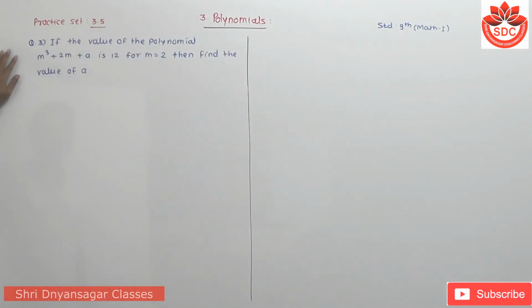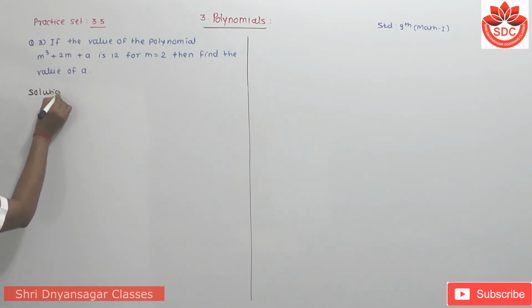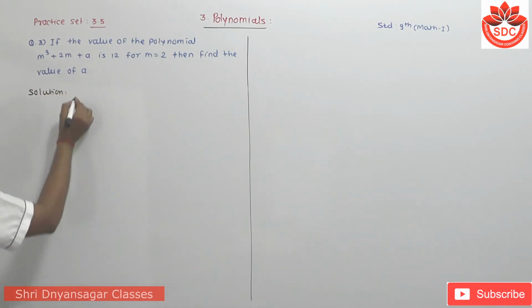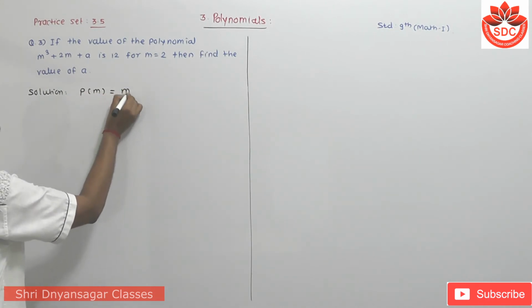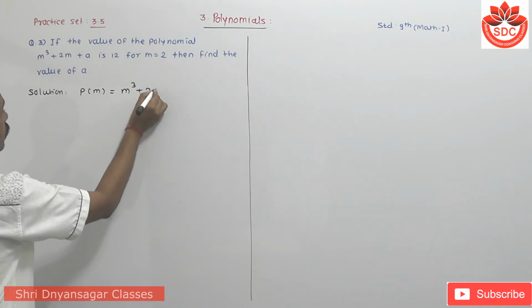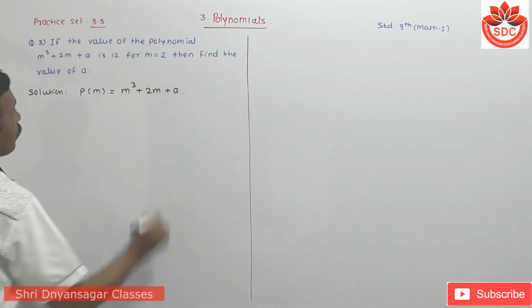The next question, question 3 is: if the value of the polynomial m cube plus twice m plus a is 12, for m is equal to 2, then find the value of a. So simple question, look carefully at its solution. Now the polynomial is given, p of m is equal to m cube plus twice m plus a.